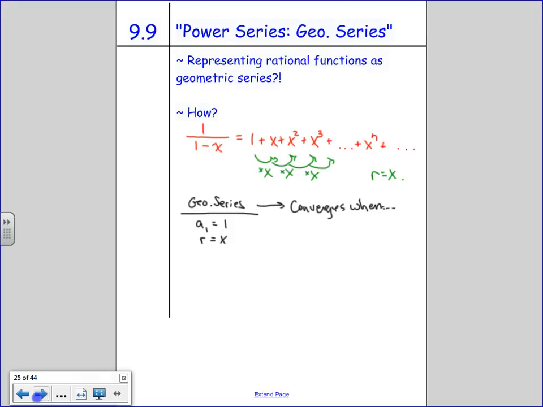Since it's geometric, converges when r is between negative 1 and 1. So hence when x is in between negative 1 and 1, this converges.